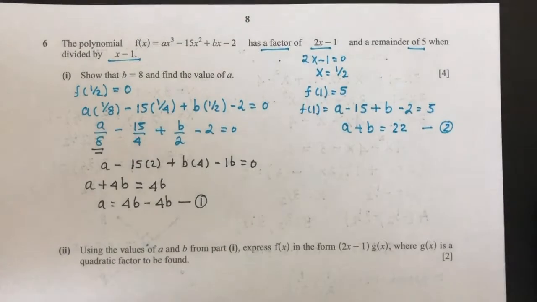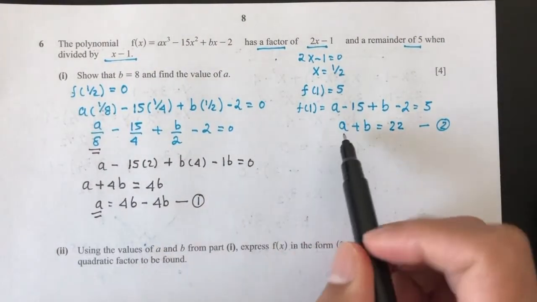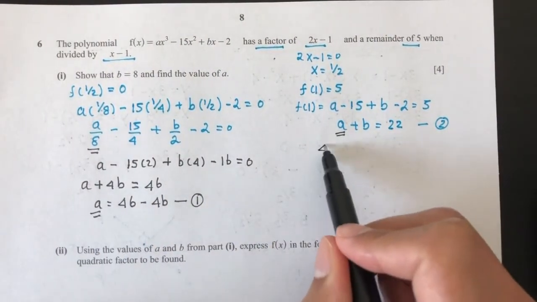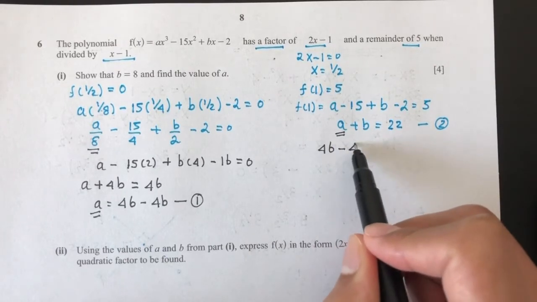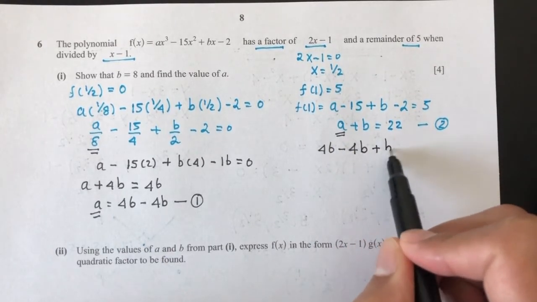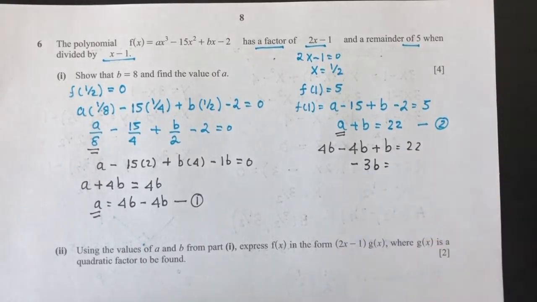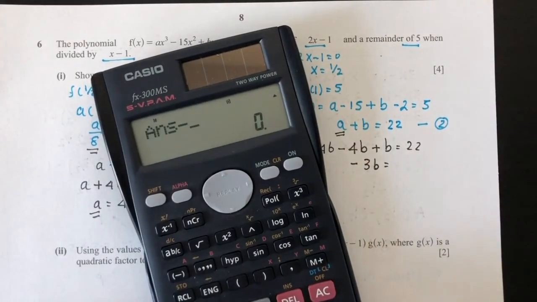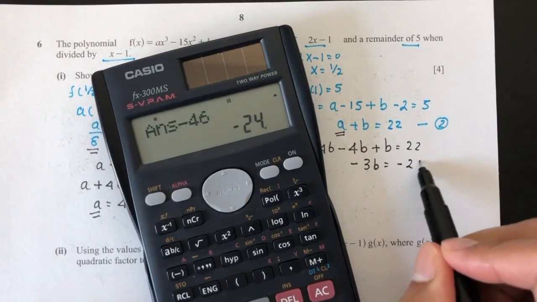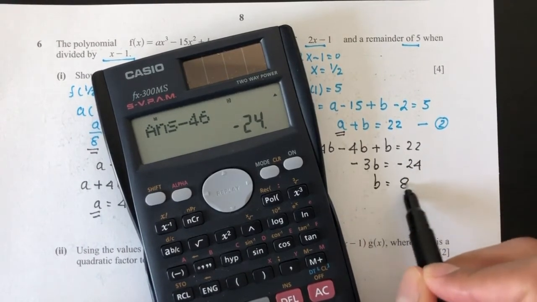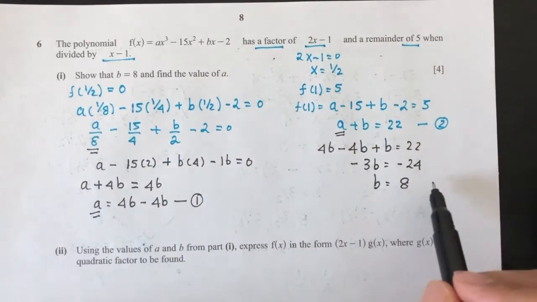Now we can just replace this value. So a can be replaced here. You have 46 minus 4b plus b equal to 22. So minus 3b equal to 22 minus 46. That should be minus 24. So b is equal to 8. This is shown as required.